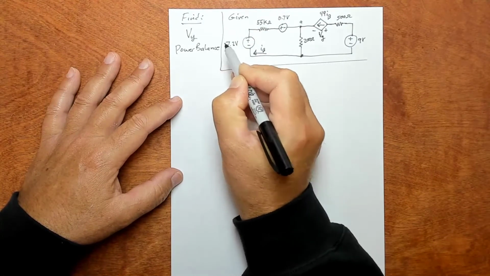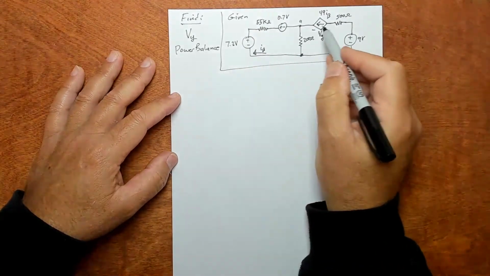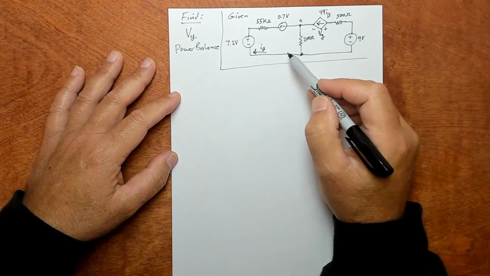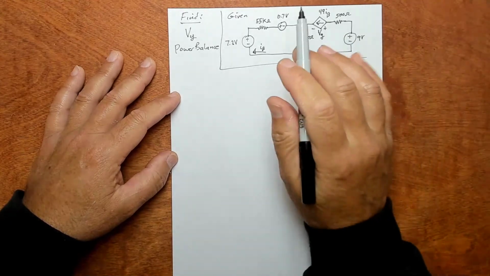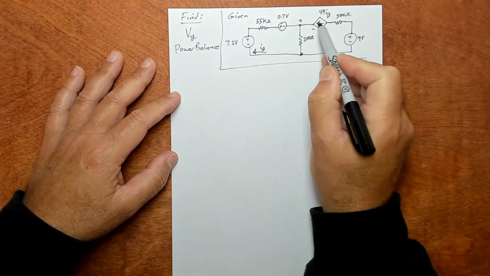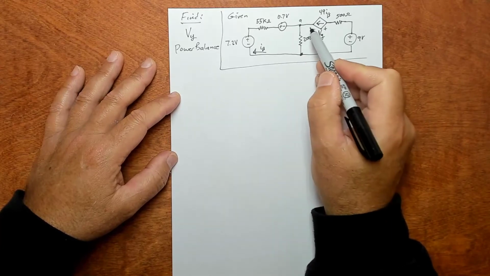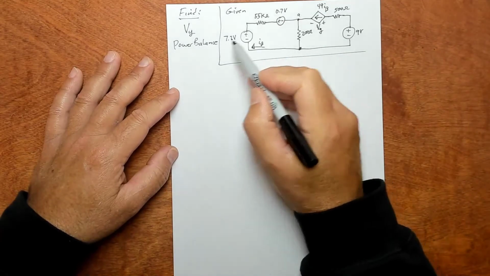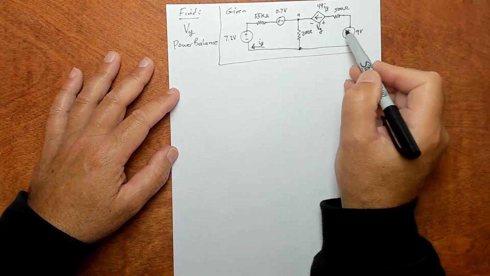There's a lot of potential to get confused here, because some of these devices are going to be loads and some are going to be sources. You don't know right now, but I'm going to tell you: this one's a source, this one's a source, and these two are loads. We need to calculate the power out of all of these.